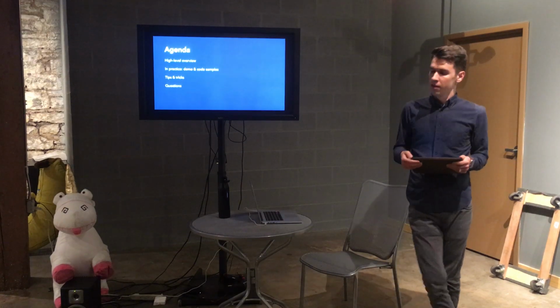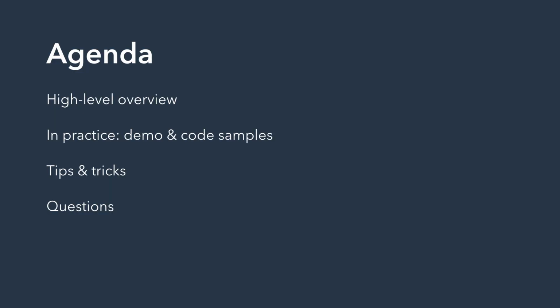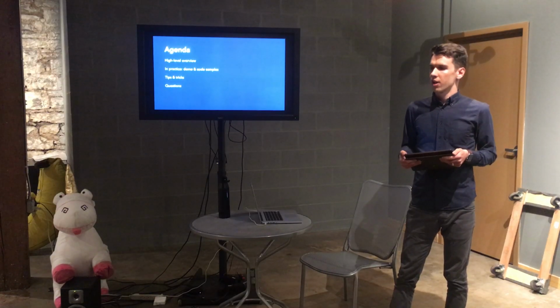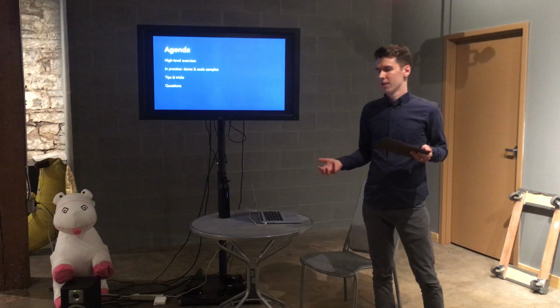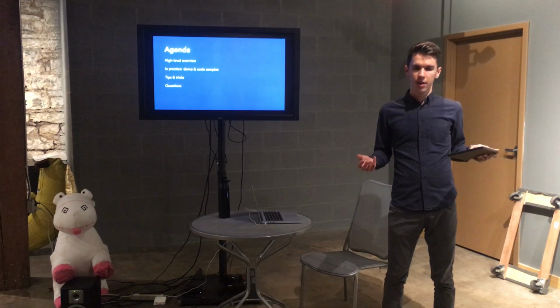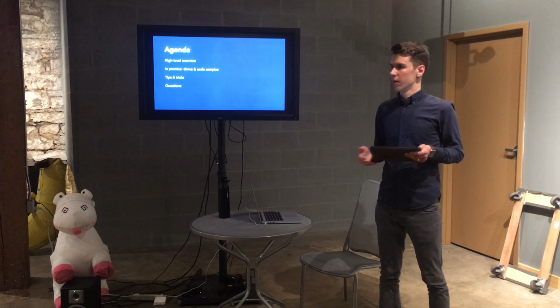So looking at our agenda, we'll start off with a brief, high-level overview of auto layout. This is going to be an intermediate level talk, so you should already have, or hopefully have, an understanding of constraints and a little bit of how auto layout works.